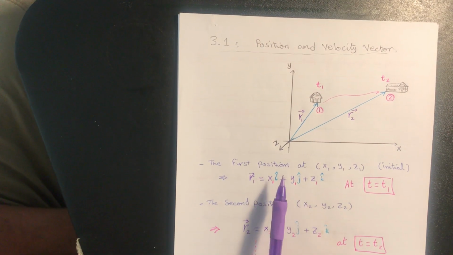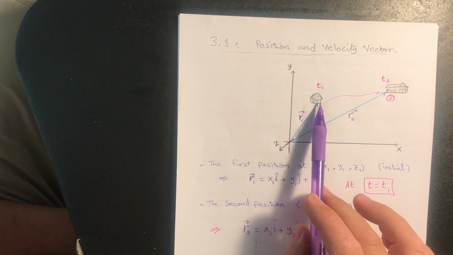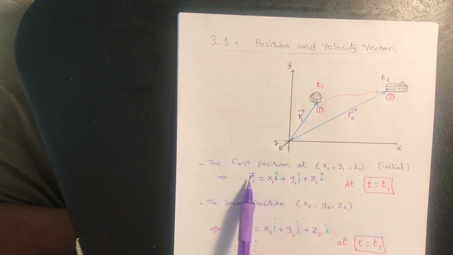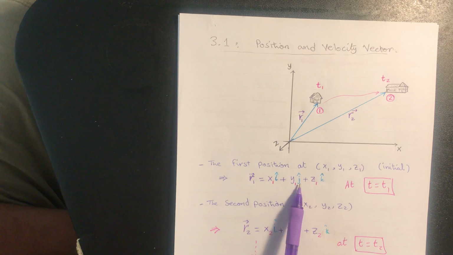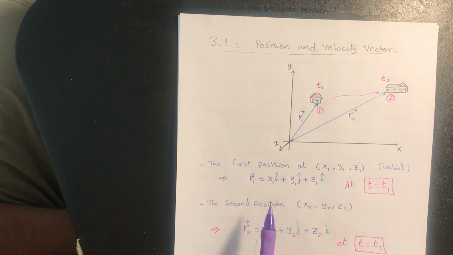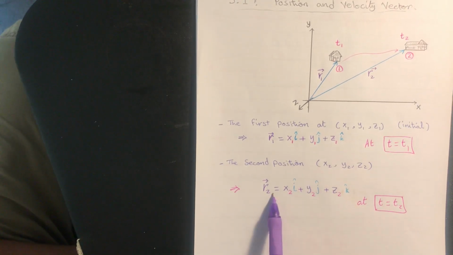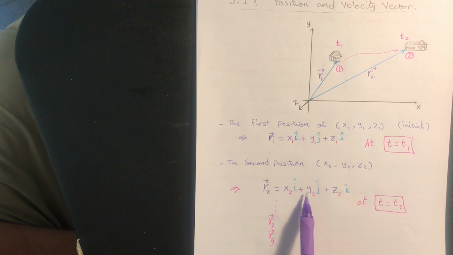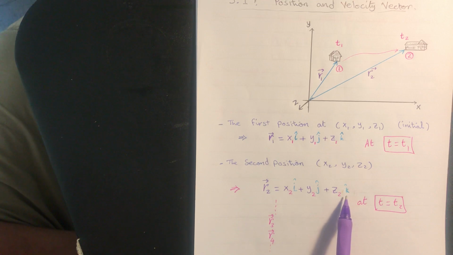The first position vector, from the origin to point 1, which is the house, is r1 equals x1 i hat plus y1 j hat plus z1 k hat. And the second position vector is r2, which is x2 i hat plus y2 j hat plus z2 k hat.